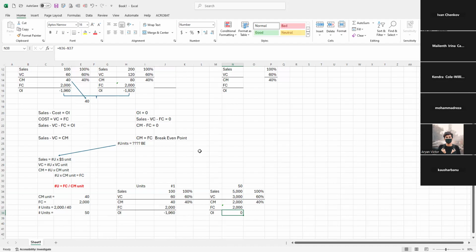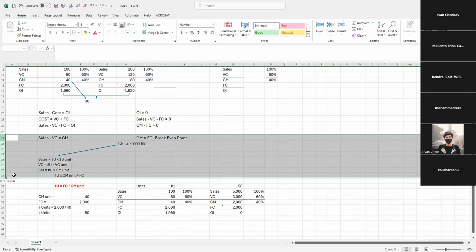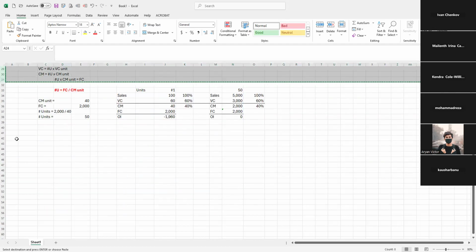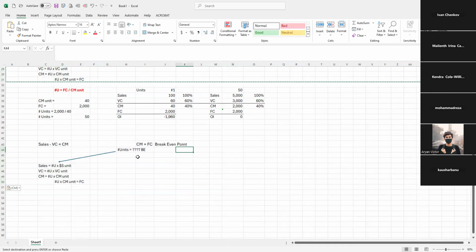Now, the second thing that we need to get is, I'm going to copy this one, and I'm going to keep going here. The second thing that we need to get is, what will be my total sales?